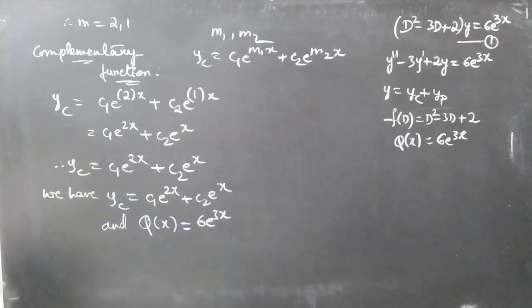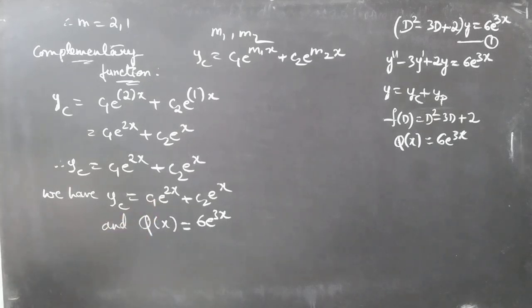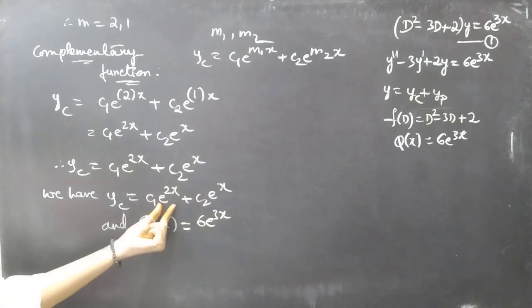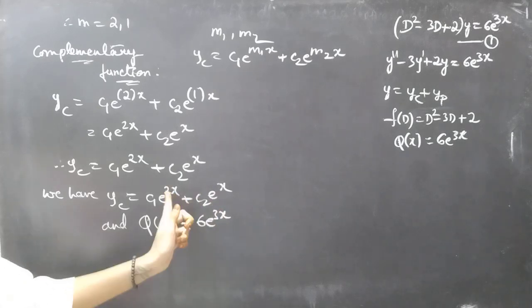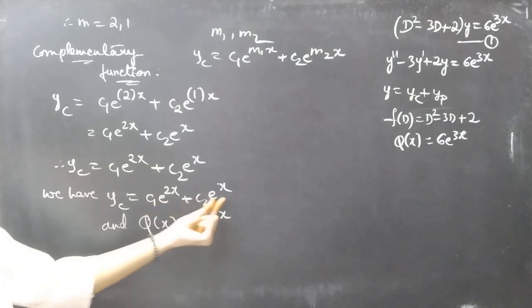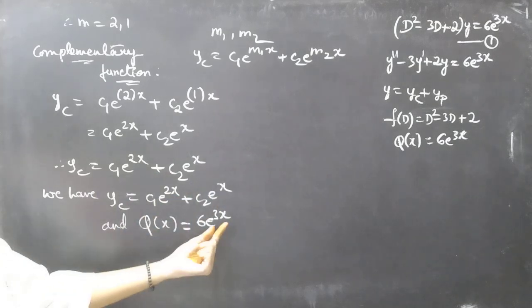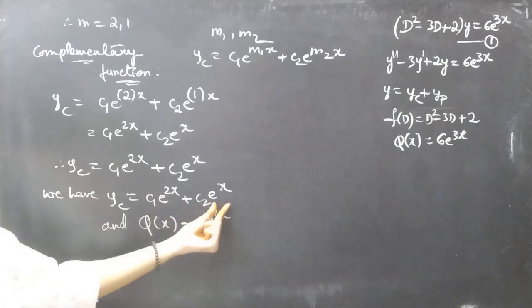Now observe the terms of yc and Q(x), the functions of x in yc and Q(x). You have e^(2x), e^(x) and e^(3x). We don't have any common terms. Q(x) has no common term with yc. Here we have e^(3x), but in yc you have e^(2x) and e^(x).